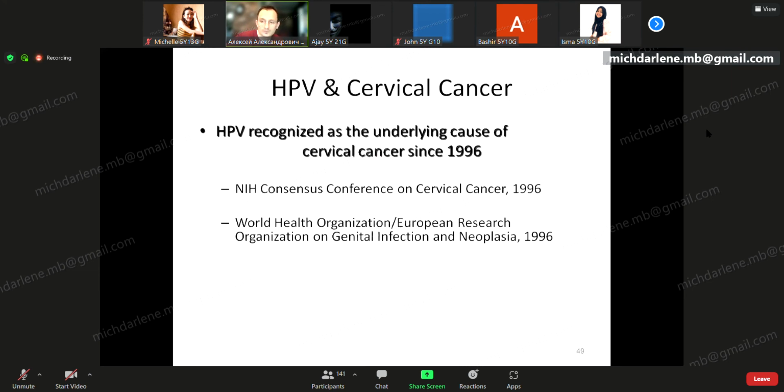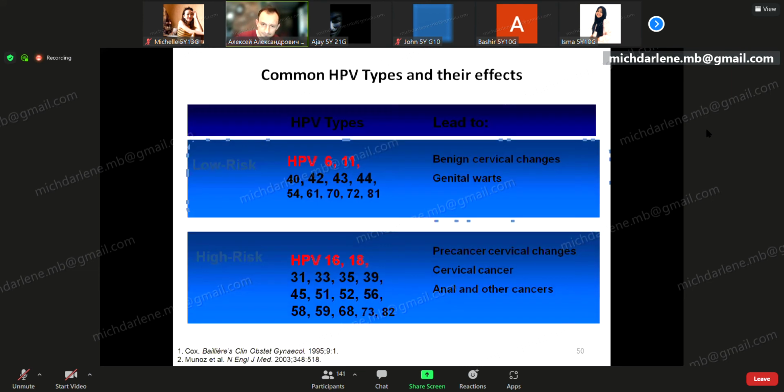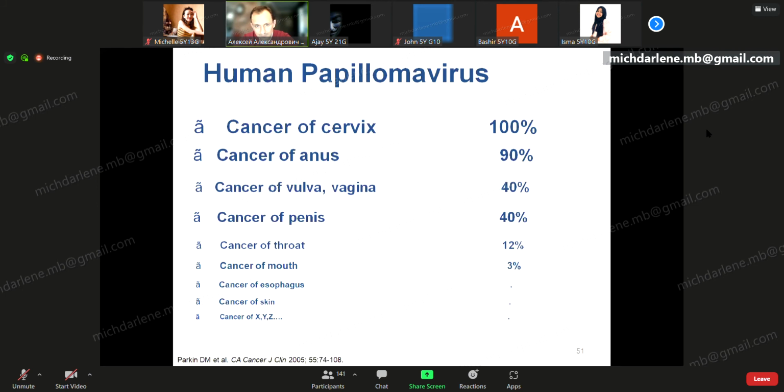We know the relationship, what now memorize. Most dangerous types, 16, 18, no, 31, 33, 35, and so on and so forth. That viruses play a role not only in the formation of the cancer of the cervix, that viruses play a role in the formation of the oncological disorders of another location.